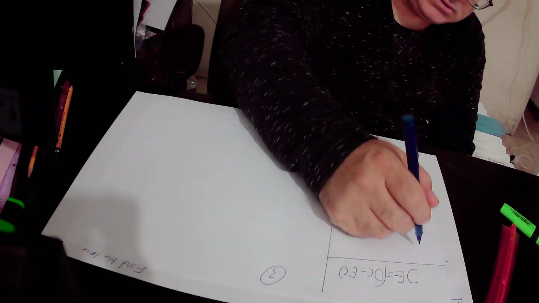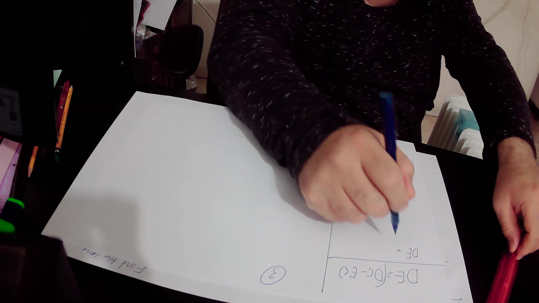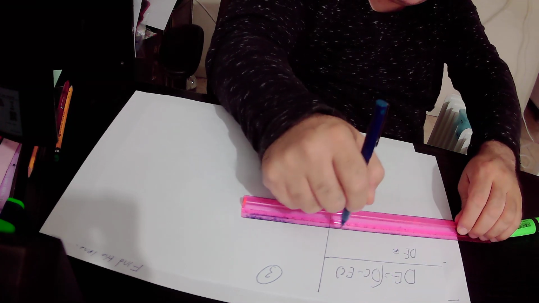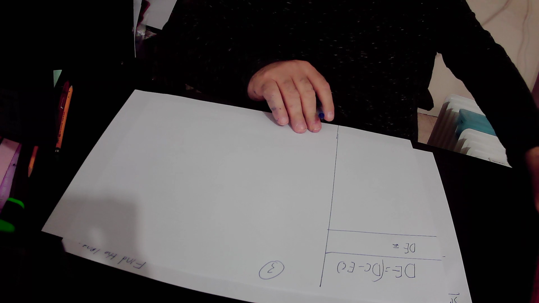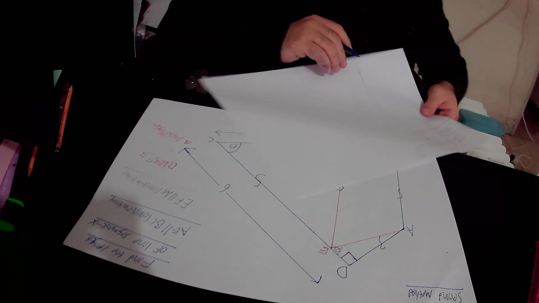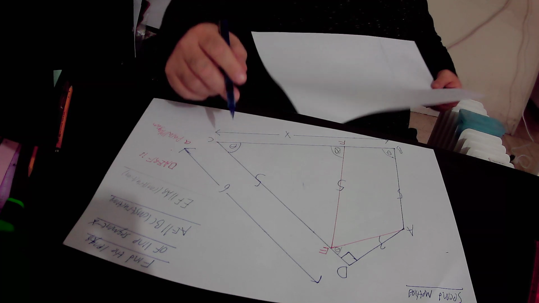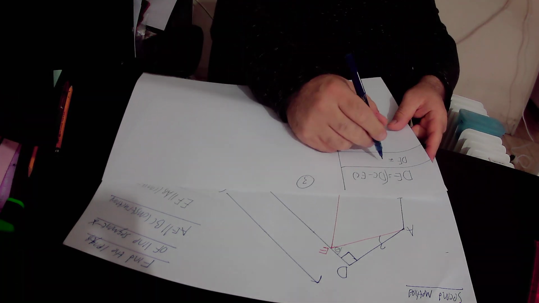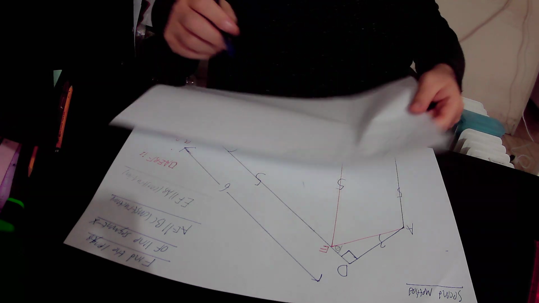So DE equals DC minus EC, where DC equals 6 units according to what is given in the question, and EC equals 5 units.